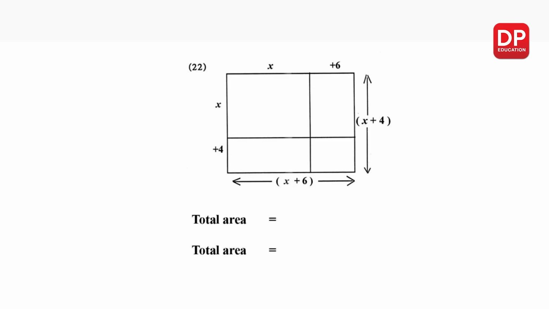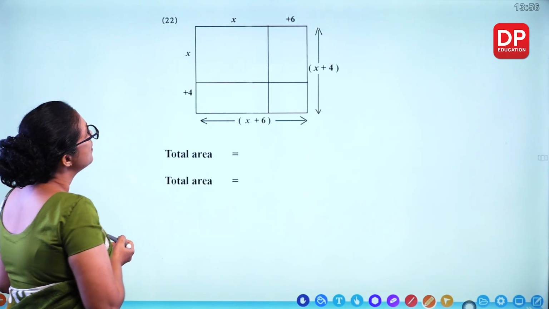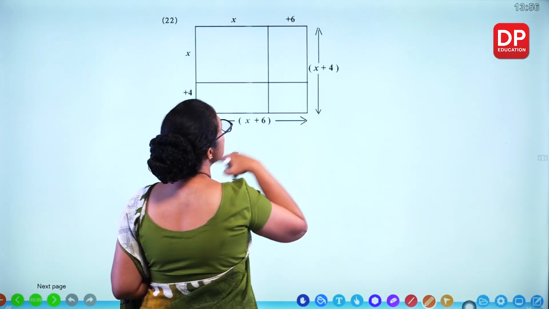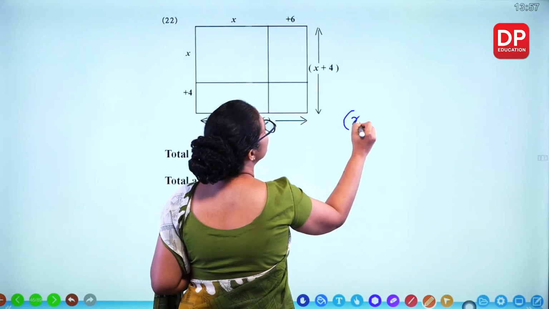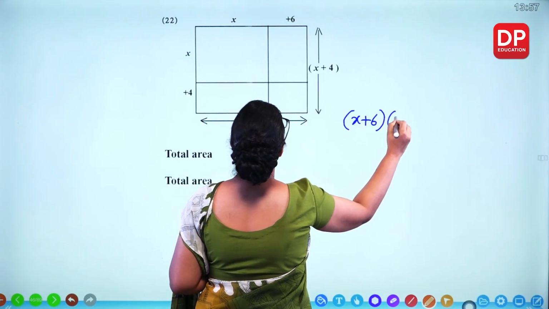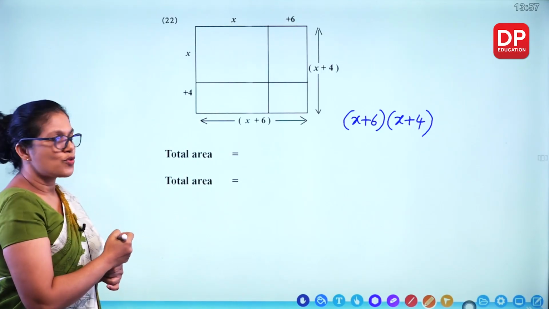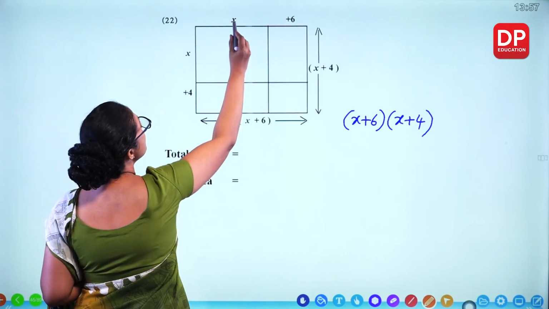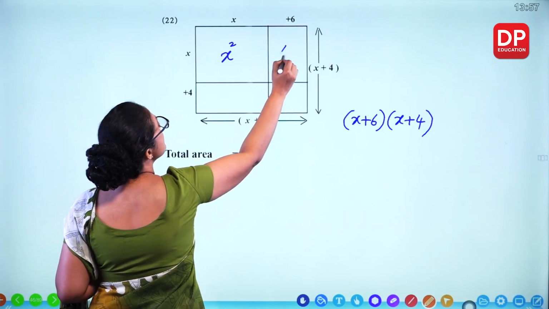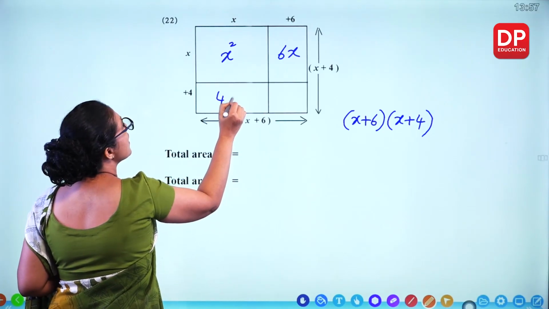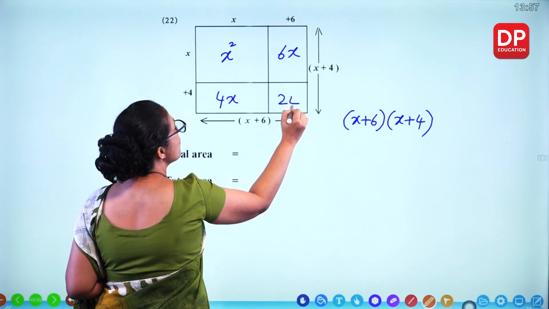This one, what's the area? This is x plus 6 and x plus 4. Multiplication of these two. So fill this. x squared. This is 6x, 4x and 24.